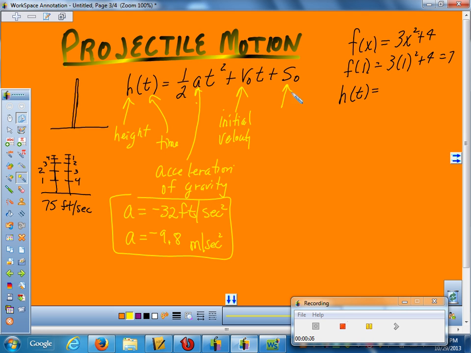If it's sitting on the ground when you shoot this projectile up, then s would be 0. But if you're standing on top of a building and you throw something upward, then your position is going to be how high you are at the moment you throw it. So this is the initial position. Where is it off the ground at the moment you start?